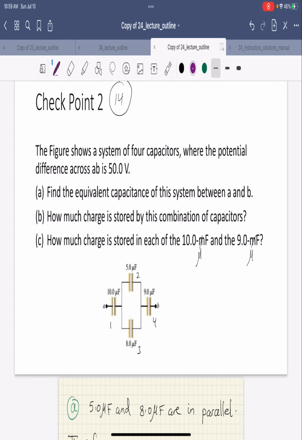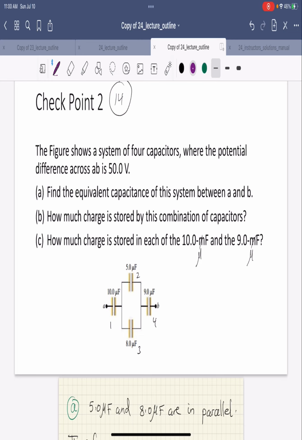Sometimes we have questions about charge, about voltage, and remember, when I was introducing the lecture, you need to know what the constant value is. Is the voltage going to stay constant, or the charge, depending on which type of connection we are using.